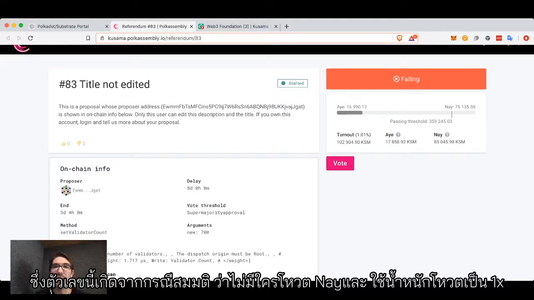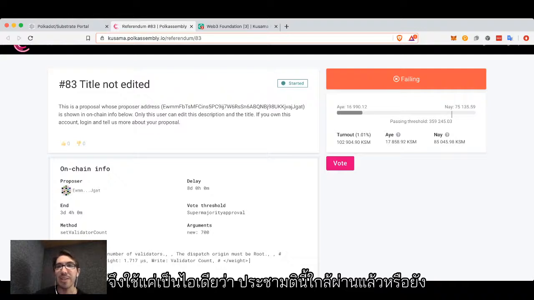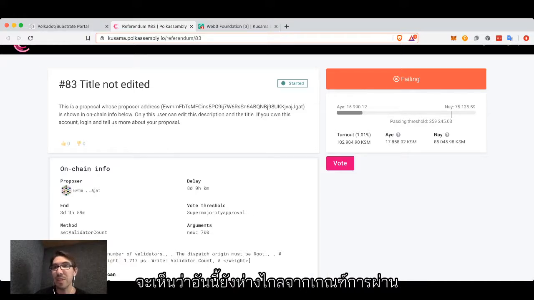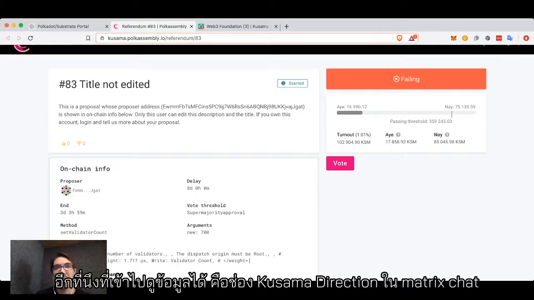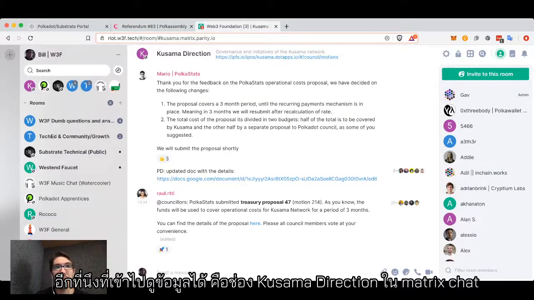There are some assumptions here, but it's a good idea to see if something is close to passing or close to failing or not. Here we can see that it's actually rather far away from passing, but again, turnout is quite low here at only 1%.